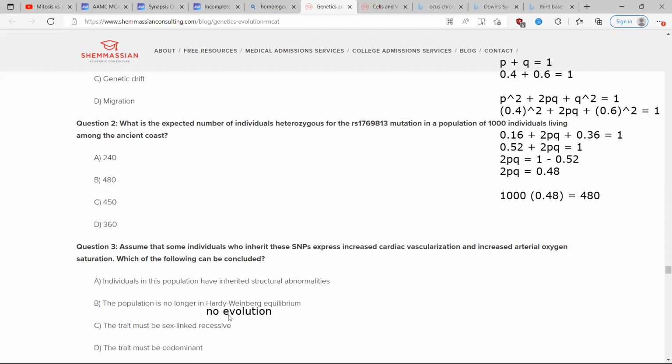Hardy-Weinberg equilibrium means there's no evolution, so they're saying the population is in evolution. And that's correct, because if they're having these changes that are leading to these anatomic changes, then that's evolution, right? Although those are happening randomly. No, that's okay, because Hardy-Weinberg is supposed to be against randomness. No, it's for... oh no, I'm getting confused.